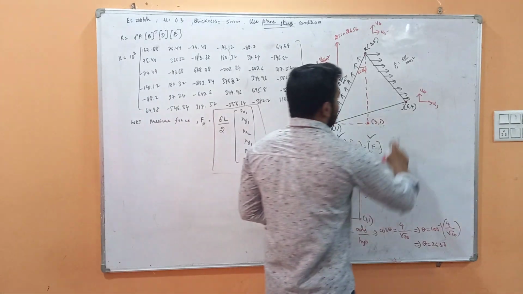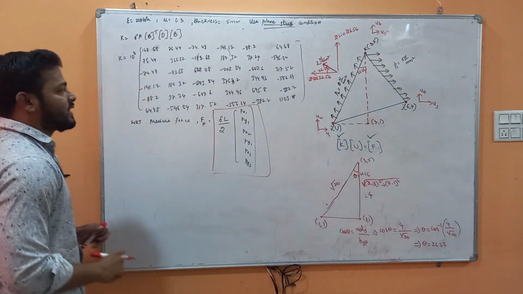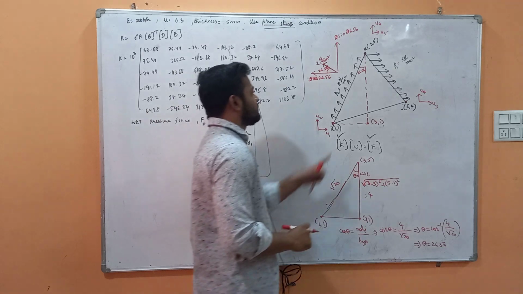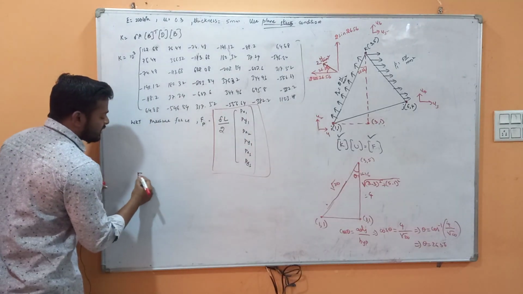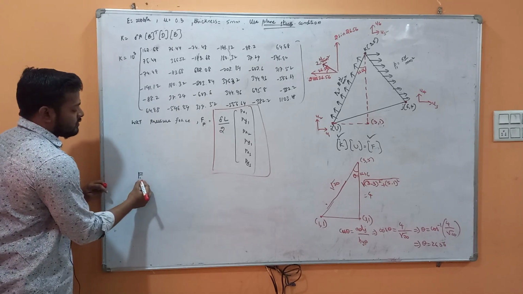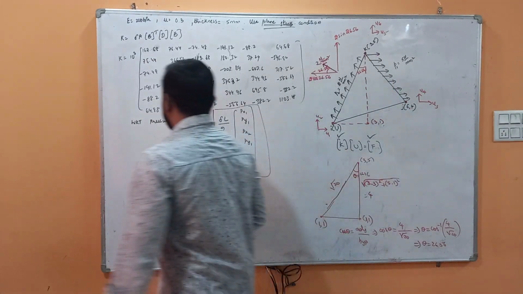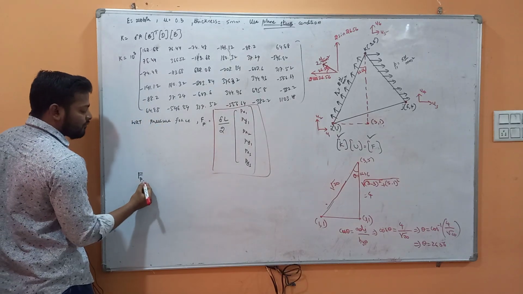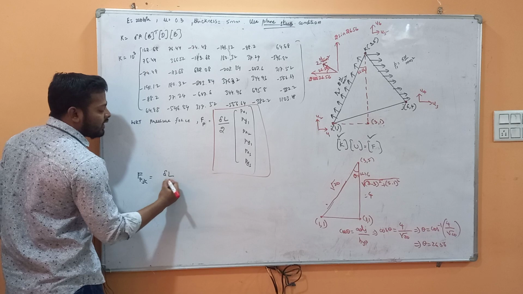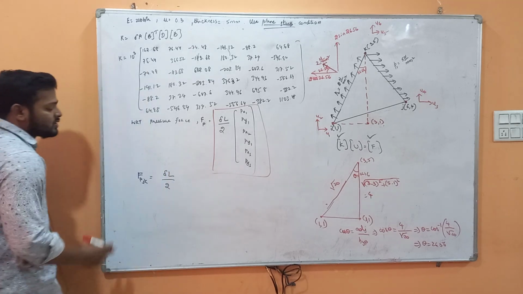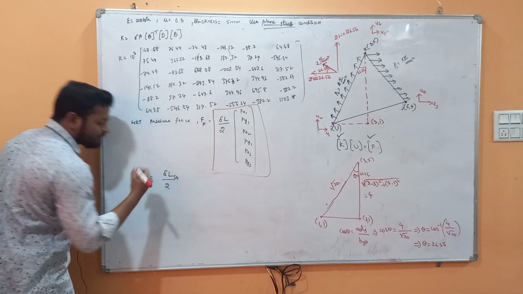The pressure force acting on this side will be how much? First, the pressure force acting on this side, let's say this side is Jk, so Jk is equal to delta L by 2. L means length, so we have to take the length of Jk.